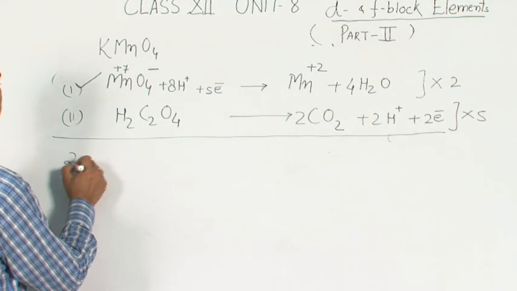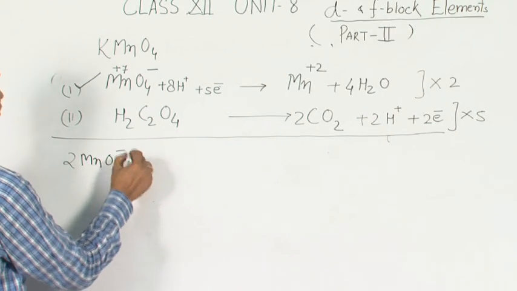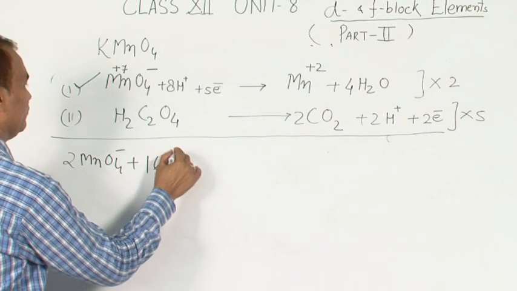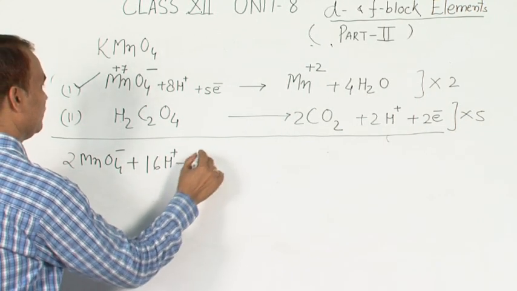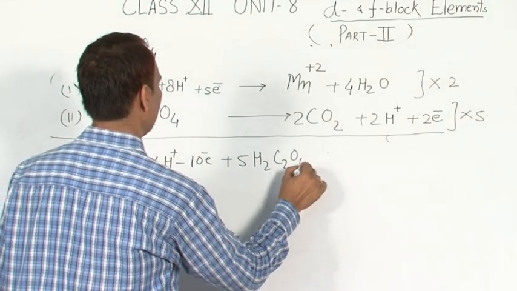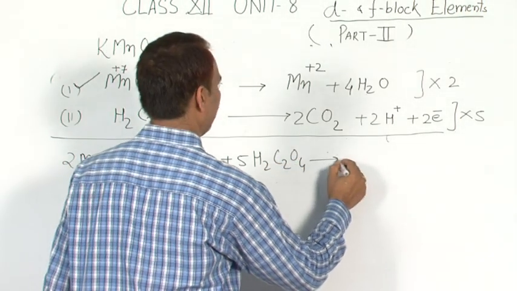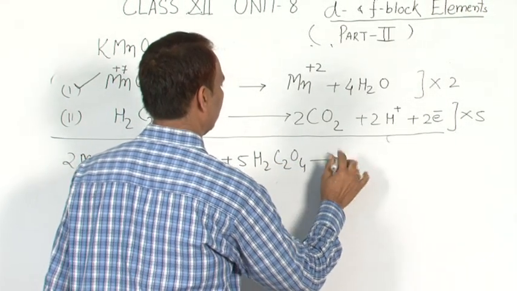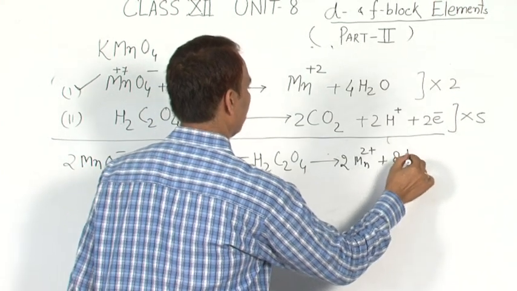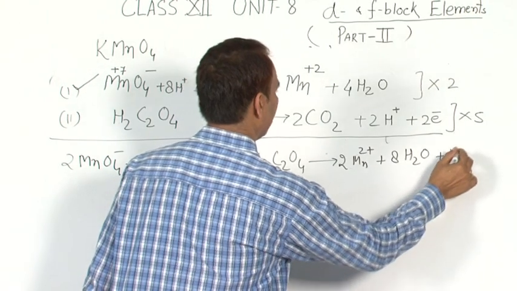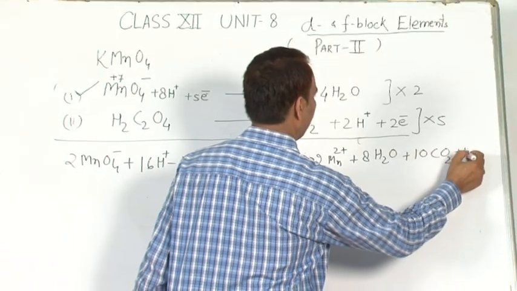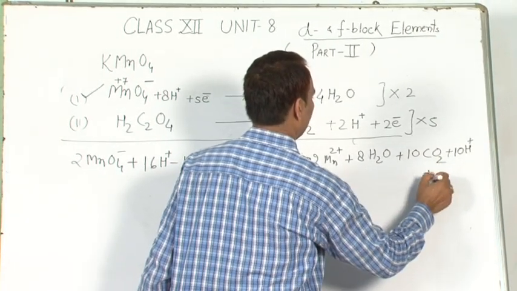That is 2MnO4-, 16H+, 10 electrons, 5H2C2O4 oxalic acid. Then right side 2Mn2+, 8H2O, then 10CO2, 5 into 2, 10H+, then 10 electrons.